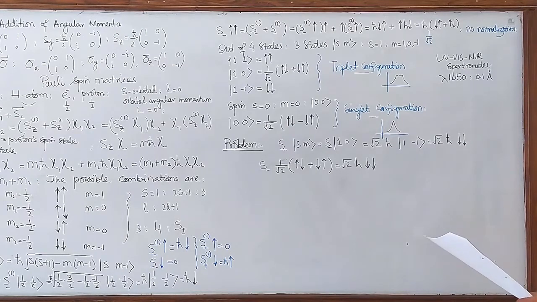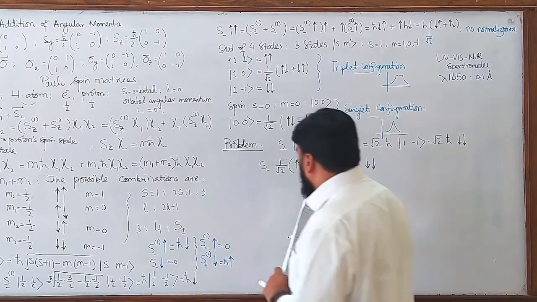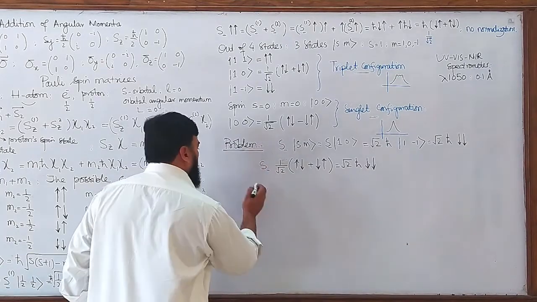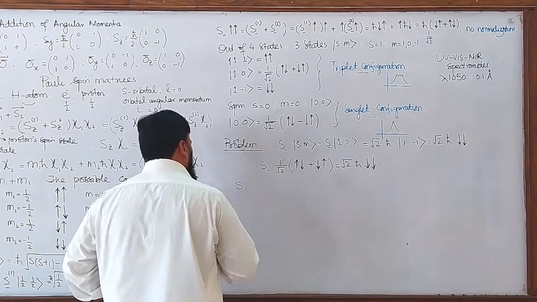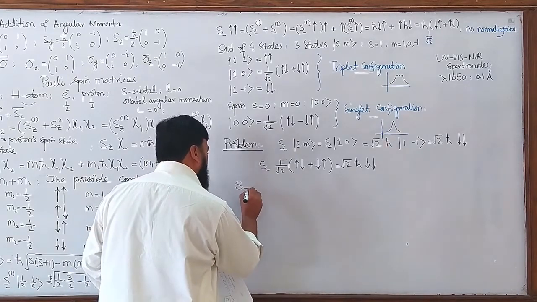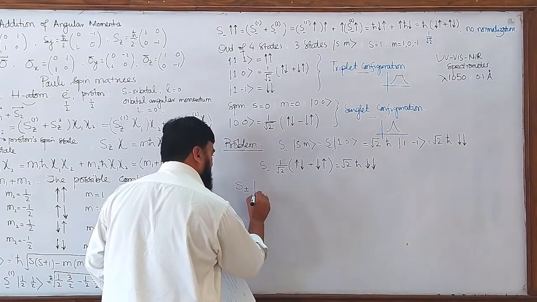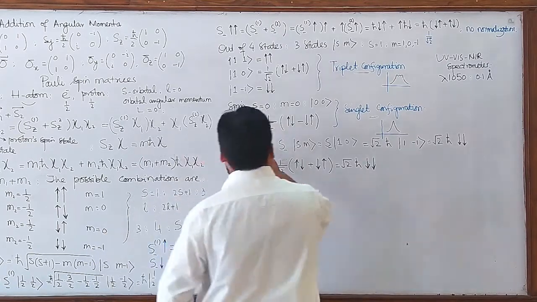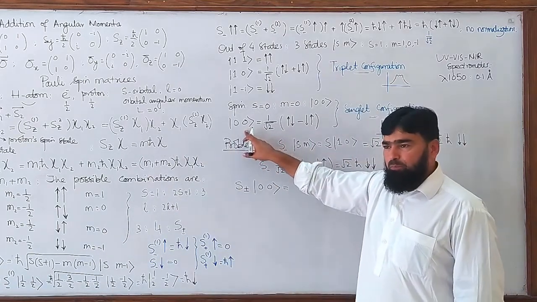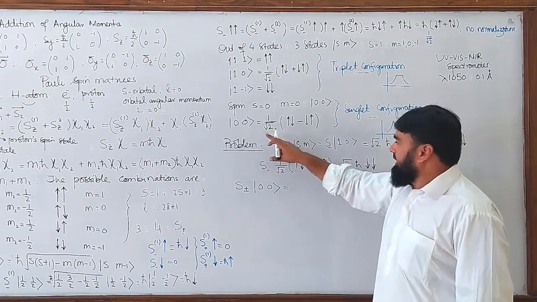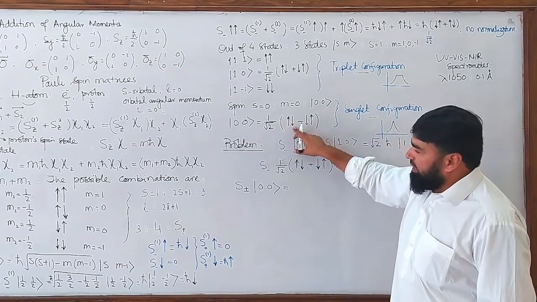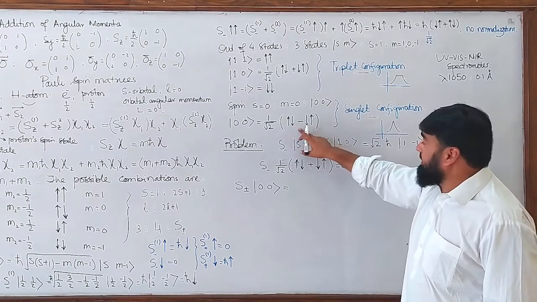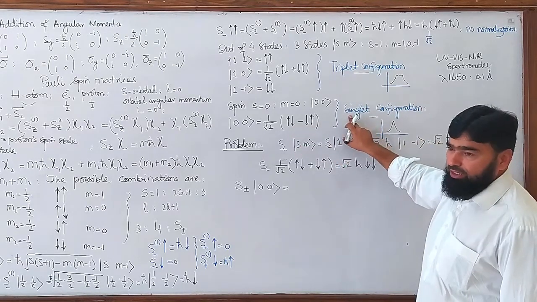Similarly, this is one part of the problem as well: S plus and minus on the 0, 0 state. This is another possible combination. This is a singlet state.